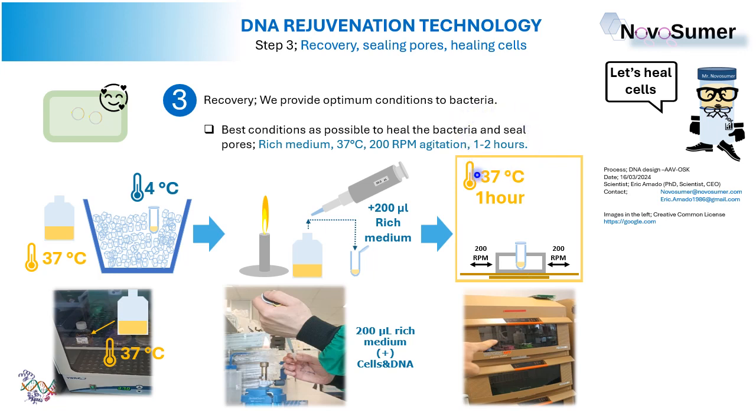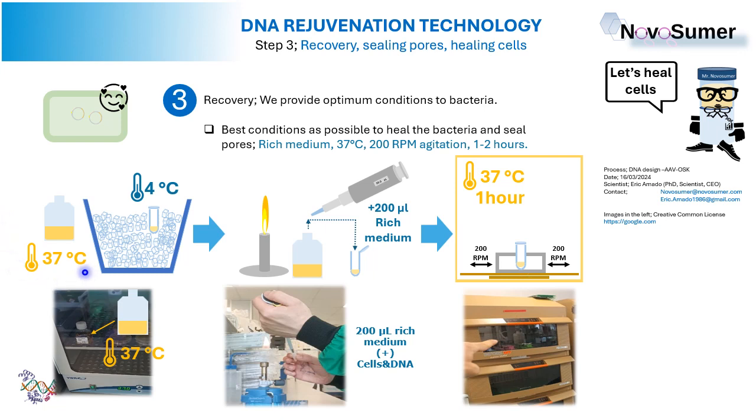Okay? So what do we need for this purpose? Remember we had the cells with the DNA inside on ice. And what we need is the rich medium, the medium with food.